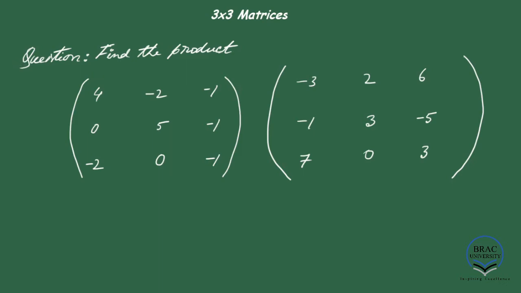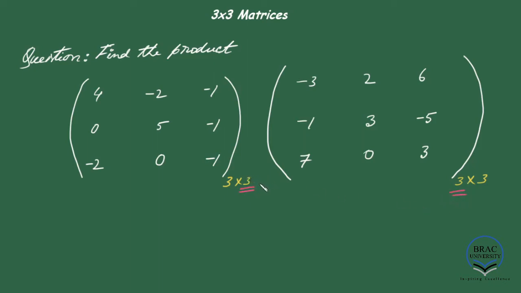Before we find the product, we have to check whether they qualify for multiplication. The dimension of this matrix is 3 by 3, and the dimension of this matrix is also 3 by 3. We learned previously that in order for two matrices to qualify for multiplication, this number and this number have to be equal.